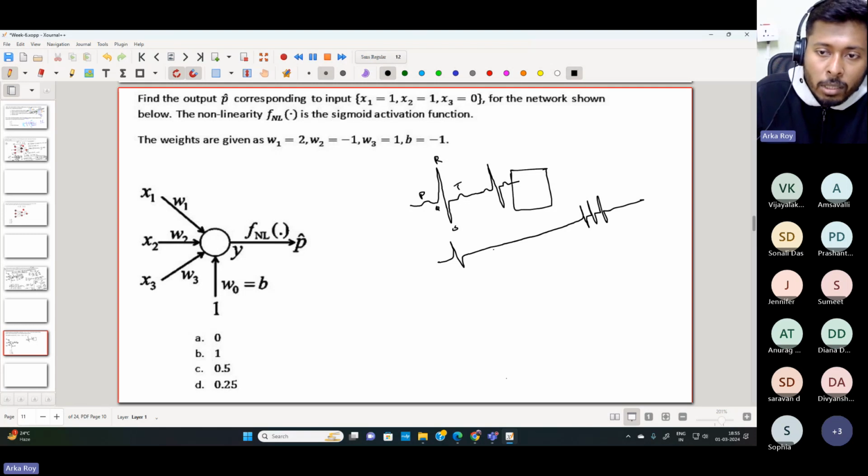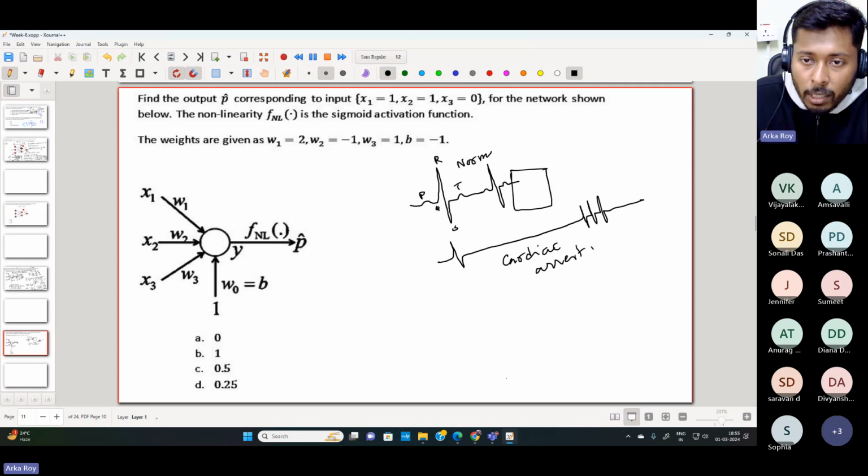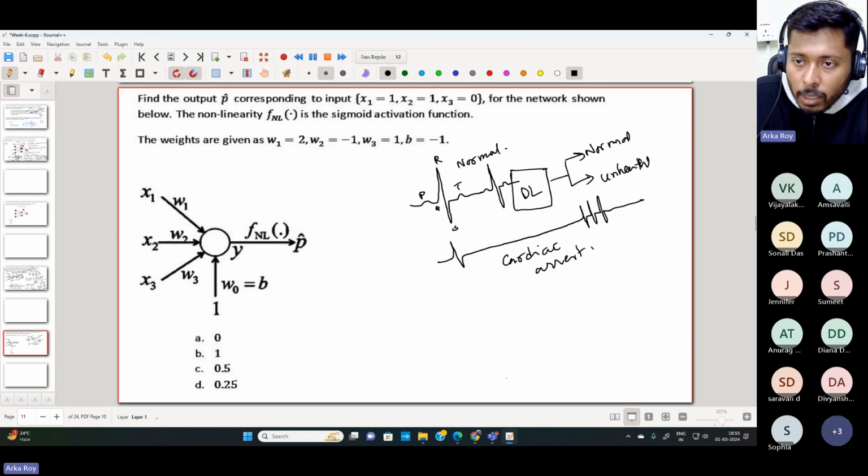Let's say this is cardiac arrest, and this is normal or healthy. Now you're trying to train a machine learning or deep learning model to classify into two classes, either normal or unhealthy, or whatever disease pathology you have given. So that is the final target.